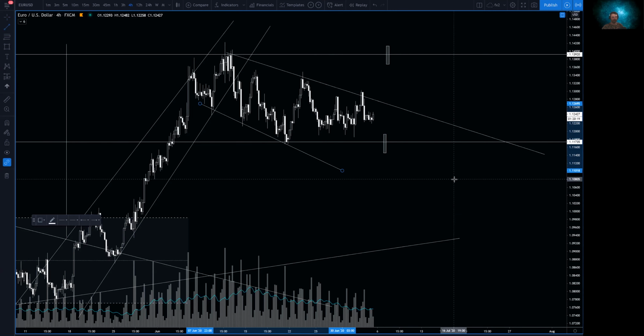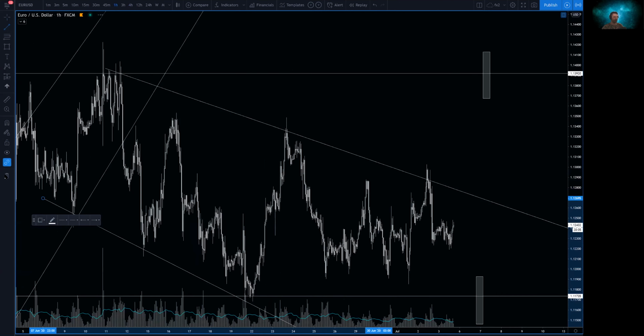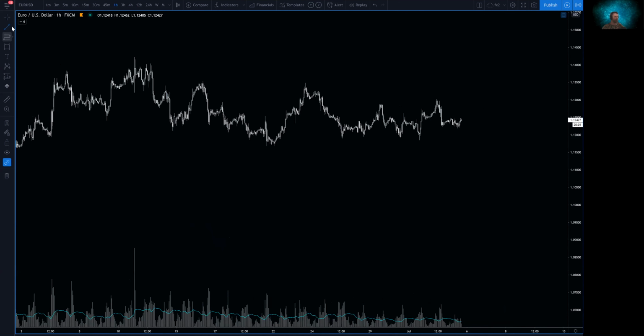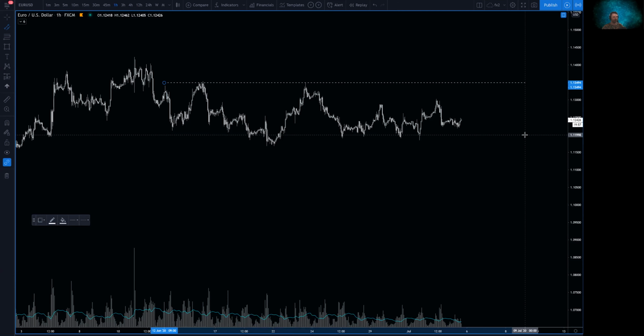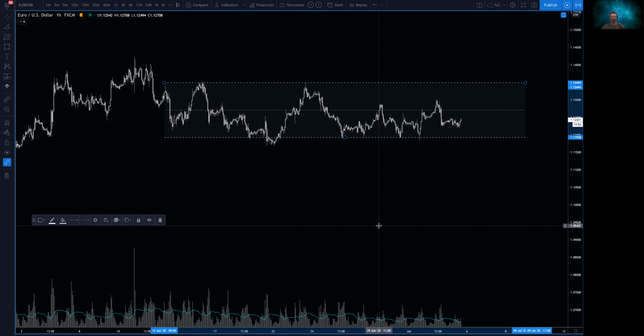The general idea for myself would be to trade between this top trend line and this bottom support, or you can narrow the range, as we probably spoke last time, and make something like this out of it, and then we can use fibs.